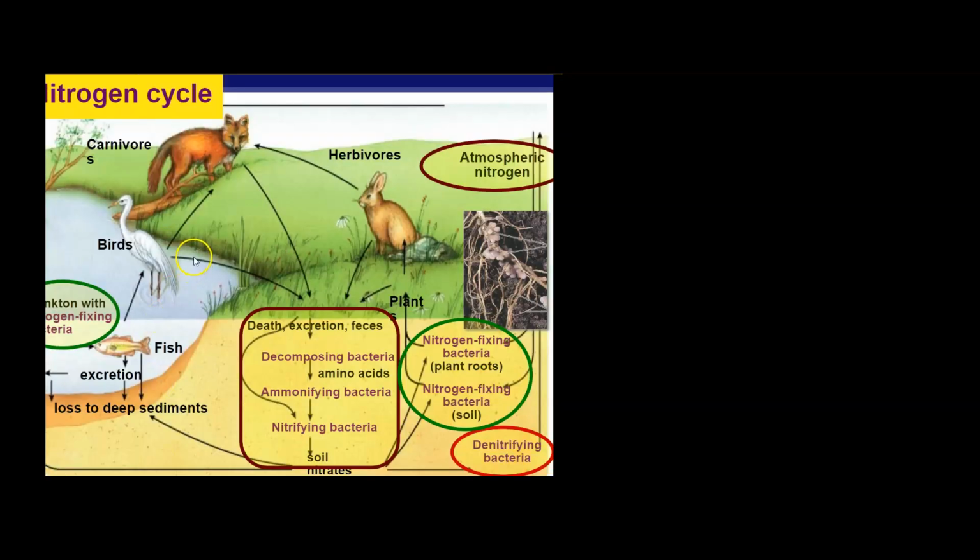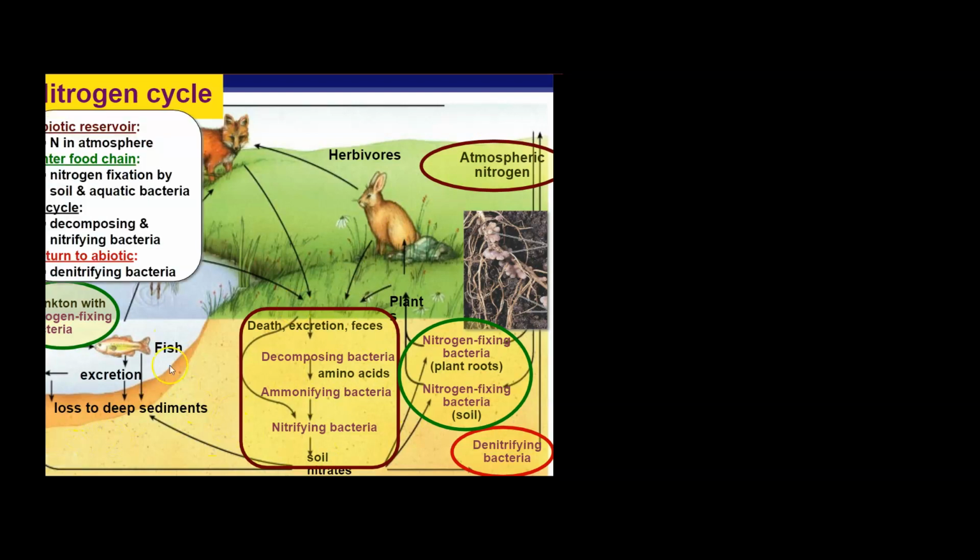For the nitrogen cycle, living organisms are again going to be a large reservoir of nitrogen. We also have a very large reservoir of nitrogen in the atmosphere. And then the third large reservoir is the soil or ground. So the abiotic reservoir for nitrogen, the major one, is the atmosphere.